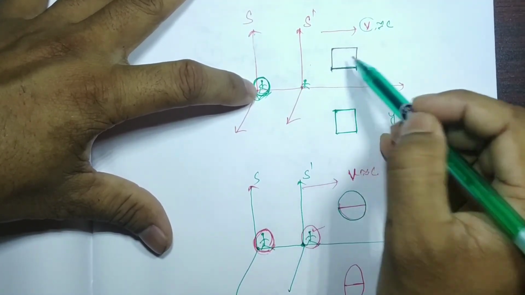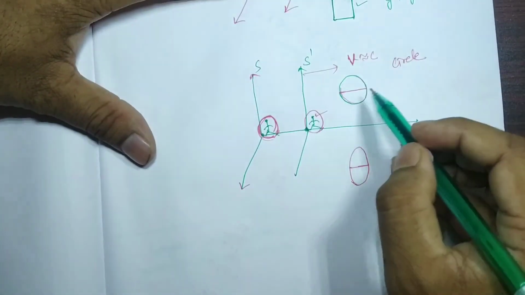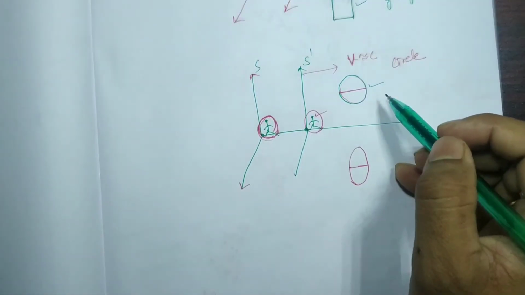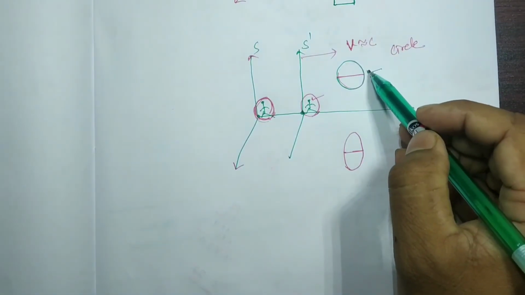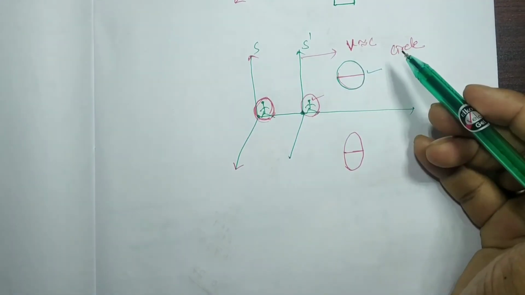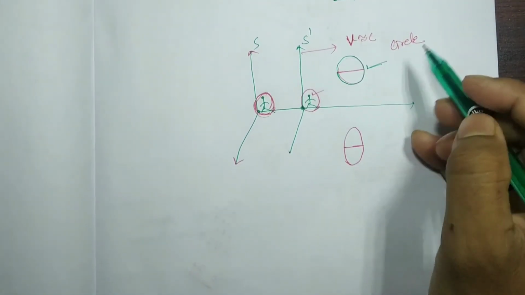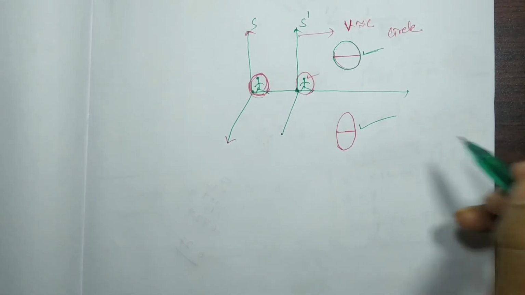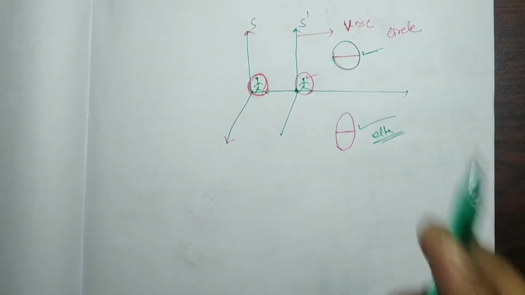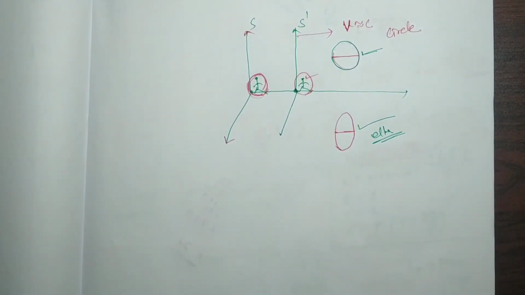The square changes to a rectangle, and the circle seems to be changed to an ellipse. It seems, it feels, that it is changed. So we have to stop our class today here.